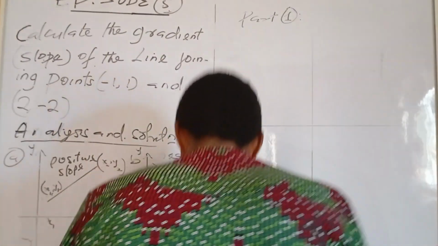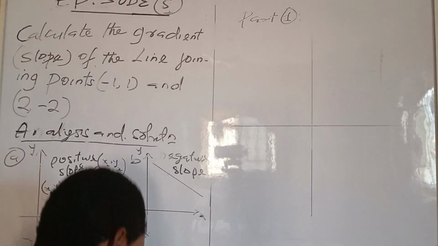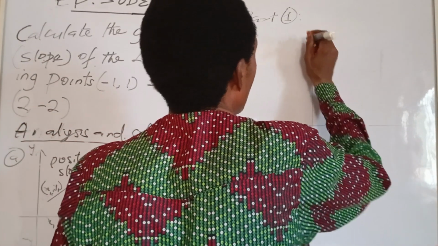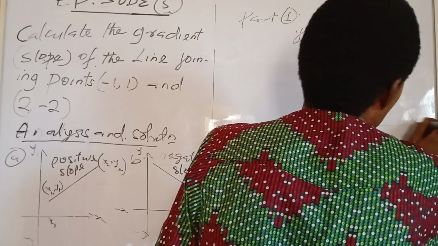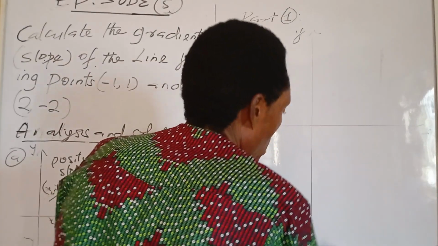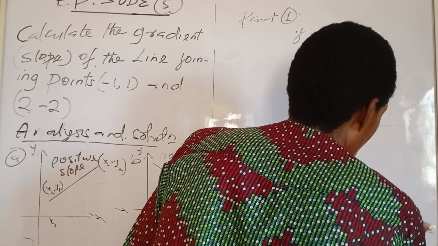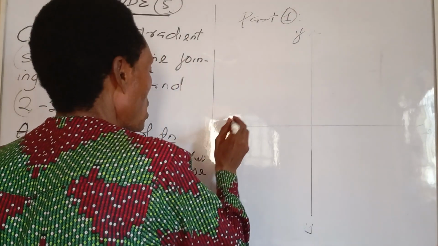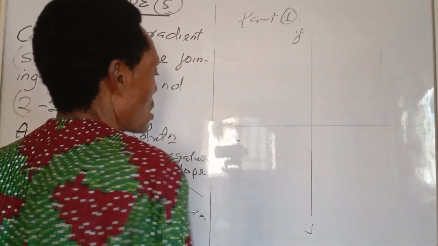Here is positive Y, and this is positive X. This is negative Y, and this is negative X.